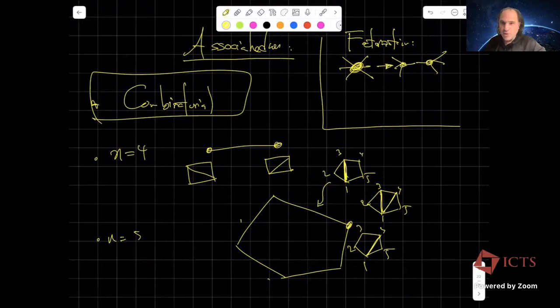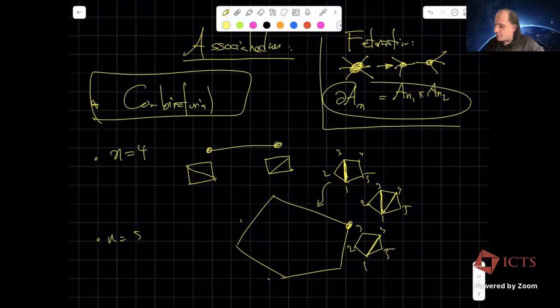This is reflected in a beautiful way in the structure of the associahedron itself: a face of an associahedron is itself given by the direct product of lower associahedra. So this is a more primitive combinatorial geometric fact about these polytopes that is the backbone of the more refined and detailed fact that amplitudes factorize when you go on poles.